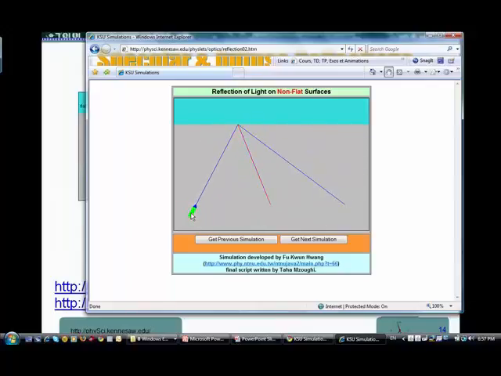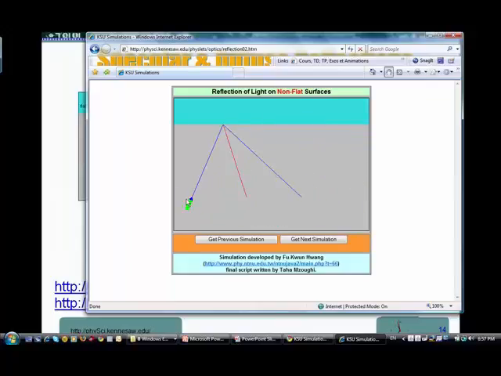We still are going to have the angle of incidence equal to the angle of reflection. However, that's happening at a small scale, and it's not as visible. In other words, if I move it here, like last time when I was moving it, it was keeping the same angle.